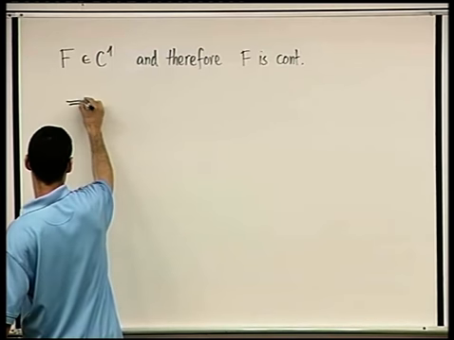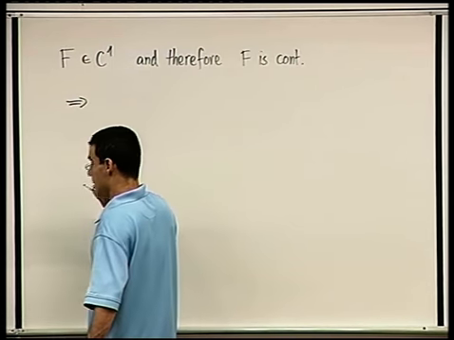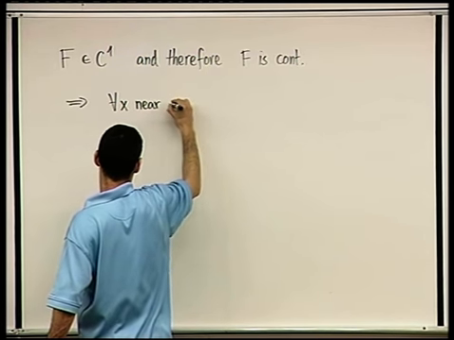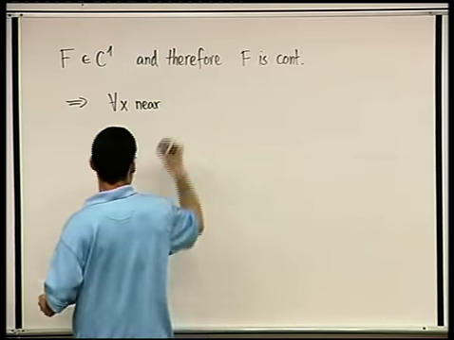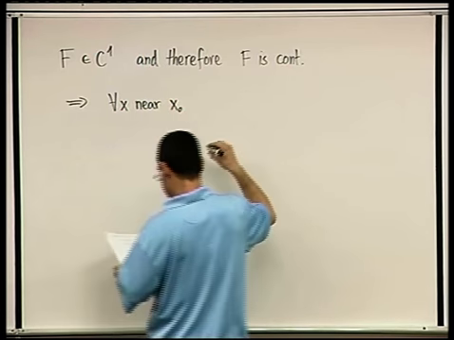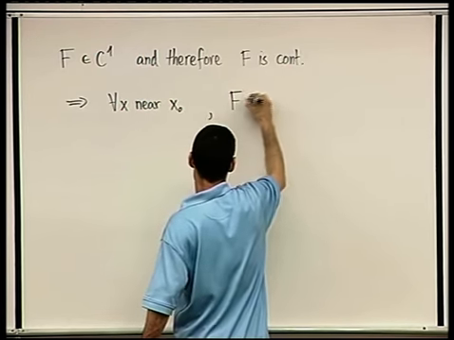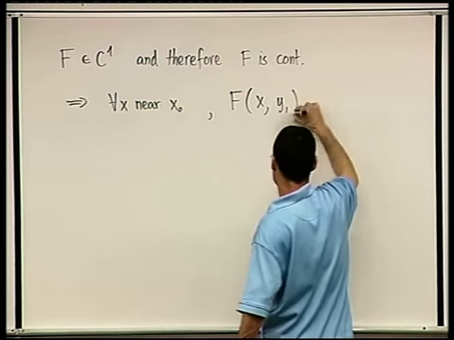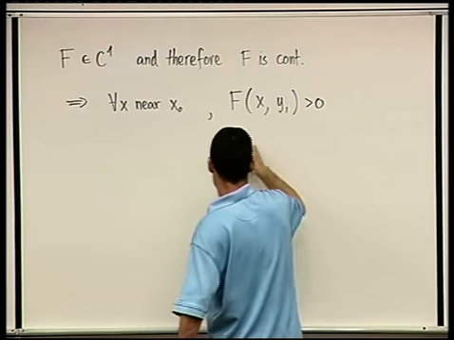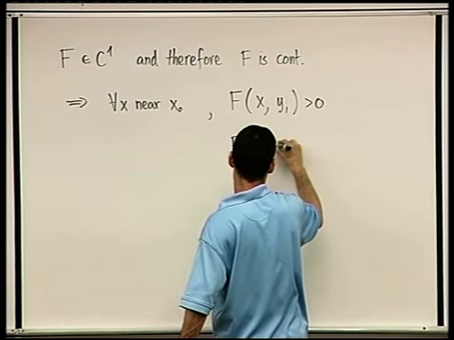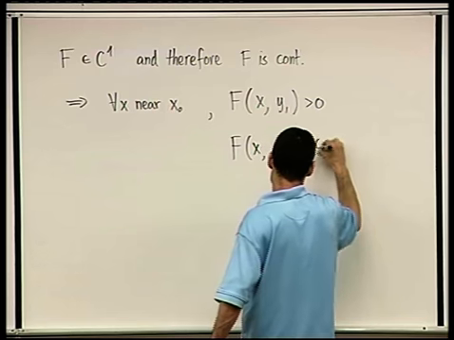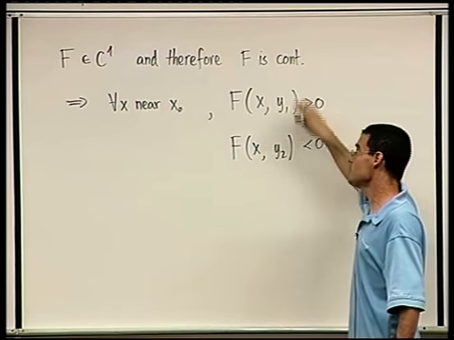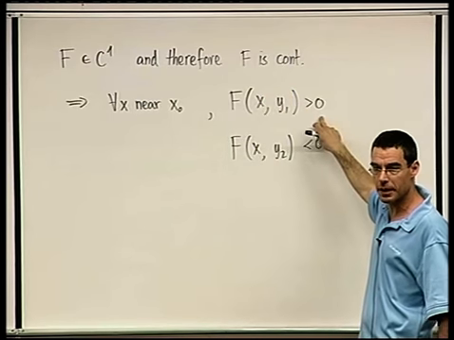So, for any x near x0, f at x with that y1 is going to be positive, and f at x with that y2 is going to be negative. At x0 it's positive, it's continuous, so near x0 it's going to be positive.